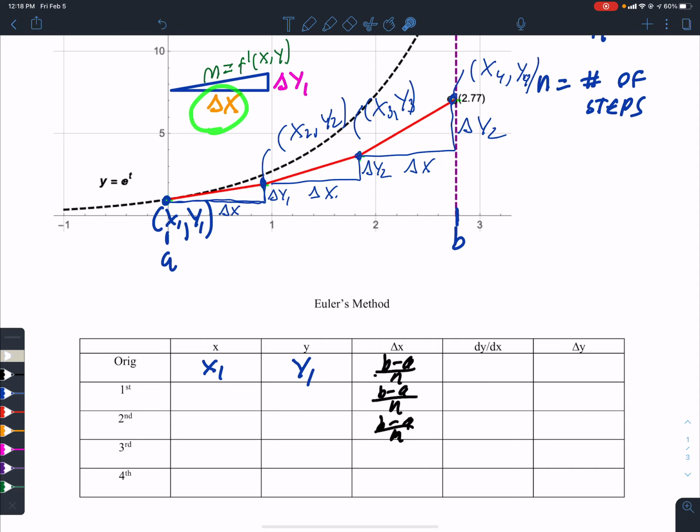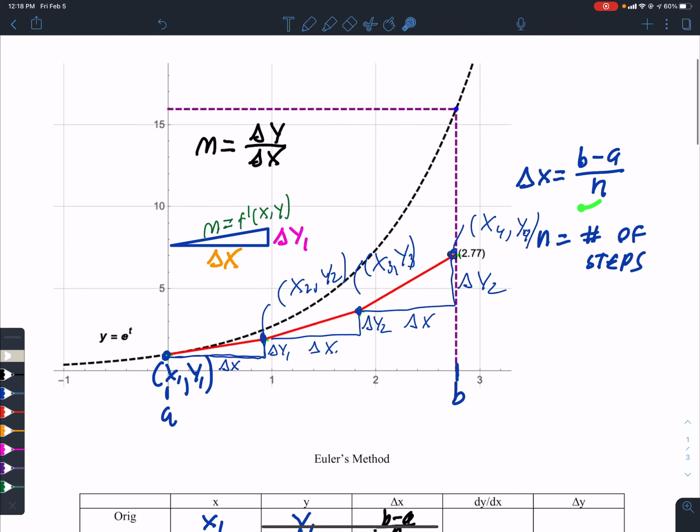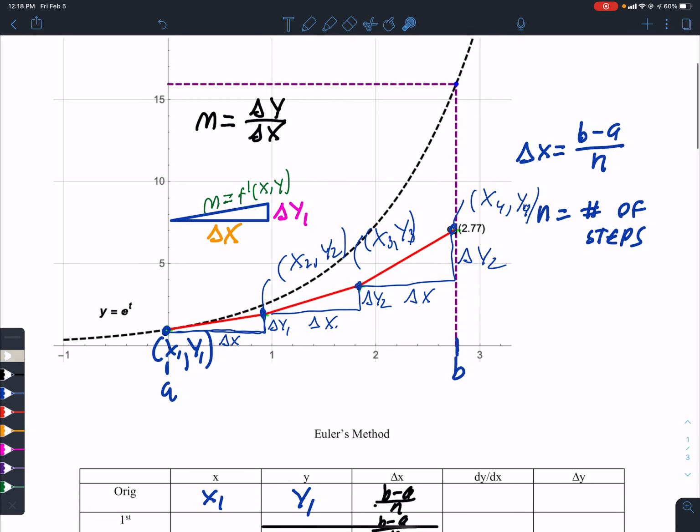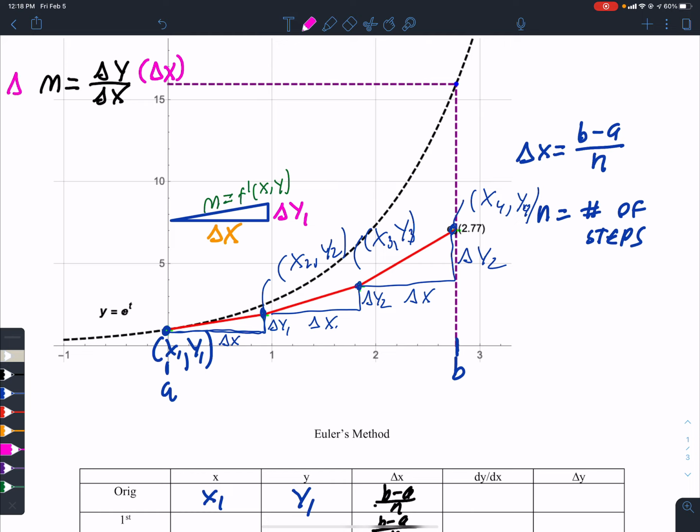We know delta x because we calculated delta x. And so we're going to multiply both sides by delta x. Let me scoot this up. And here's the whole crux of Euler's. Multiply both sides by delta x. And what do you get?